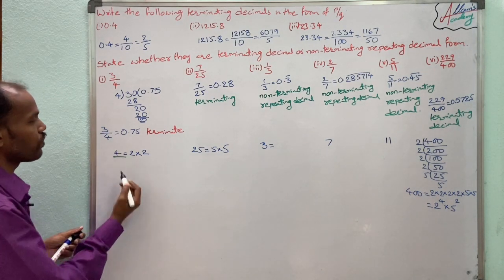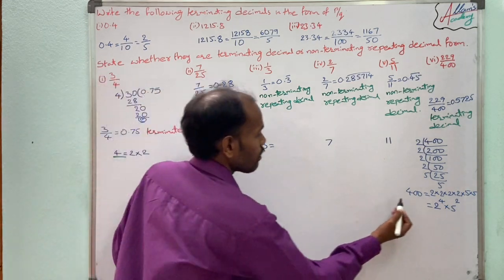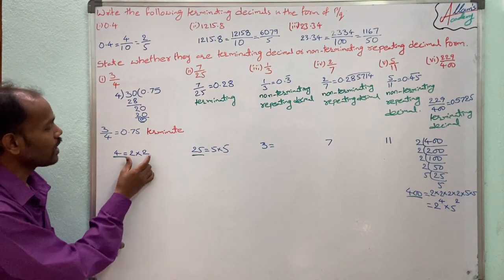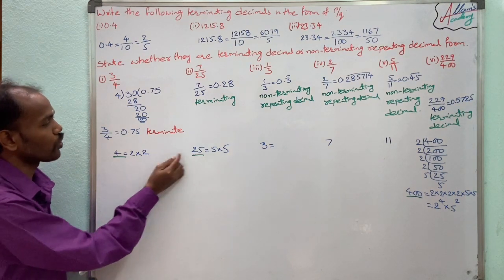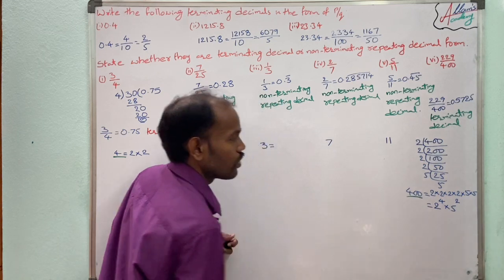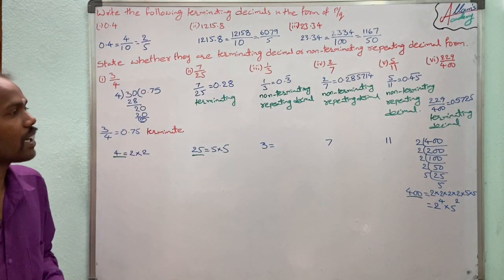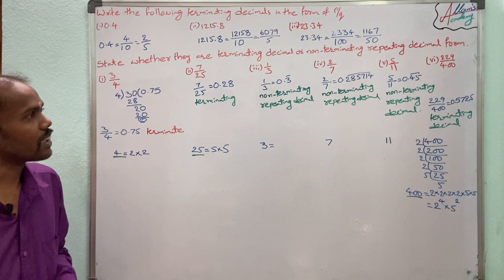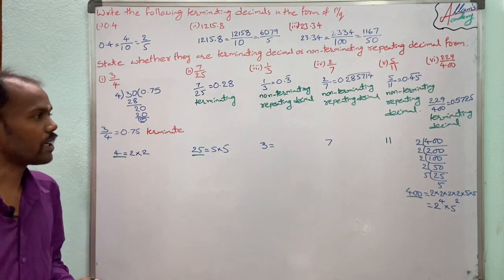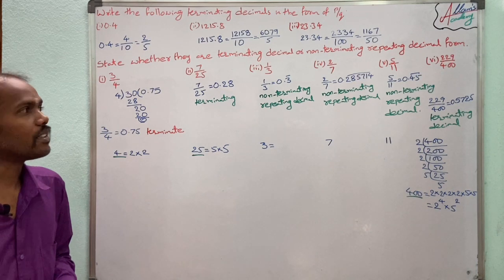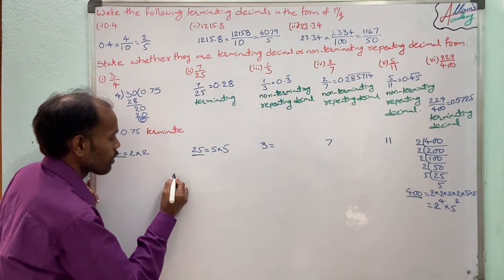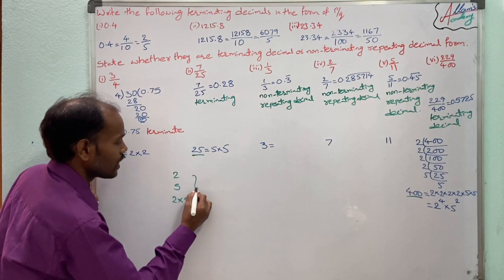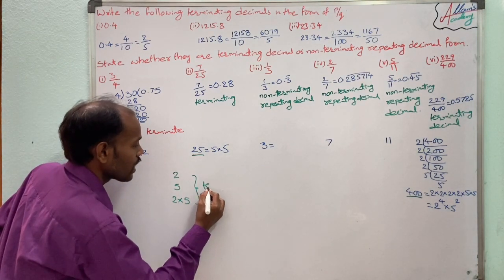If the denominator is 4, 25, or 400, then we get a terminating decimal, because they can be expressed as a product of 2s and 5s. Then only we get a terminating decimal. If 2 and 5 are not the only factors in the number, we get a non-terminating repeating decimal. So if any number's denominator can be expressed as a power of 2, or of 5, or the product of 2 and 5, then we get a terminating decimal.